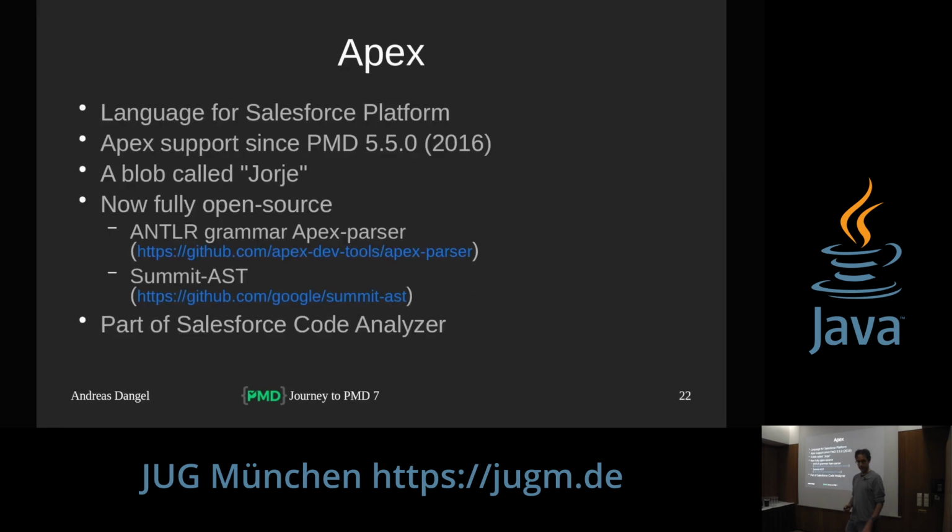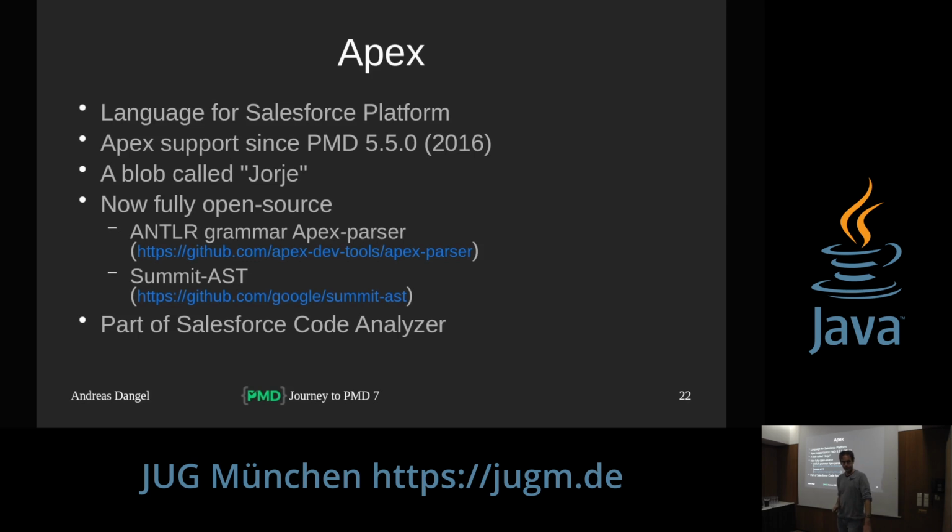Right, then the Apex language support, that's an interesting thing. In Java, we did some breaking changes because we changed the abstract syntax tree. In the Apex language module, there's something different.